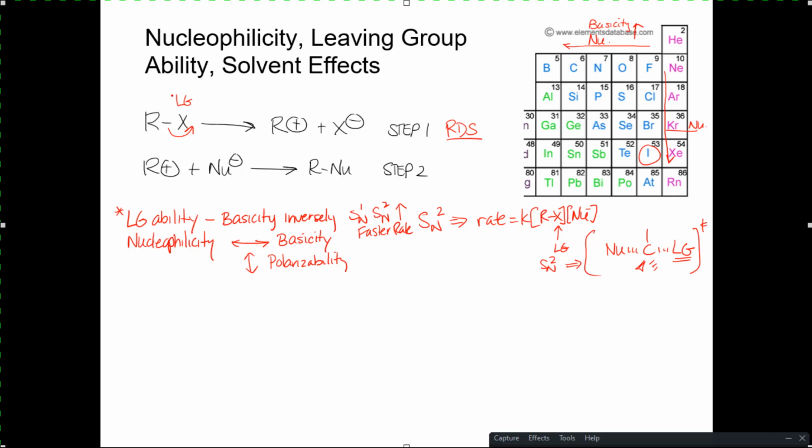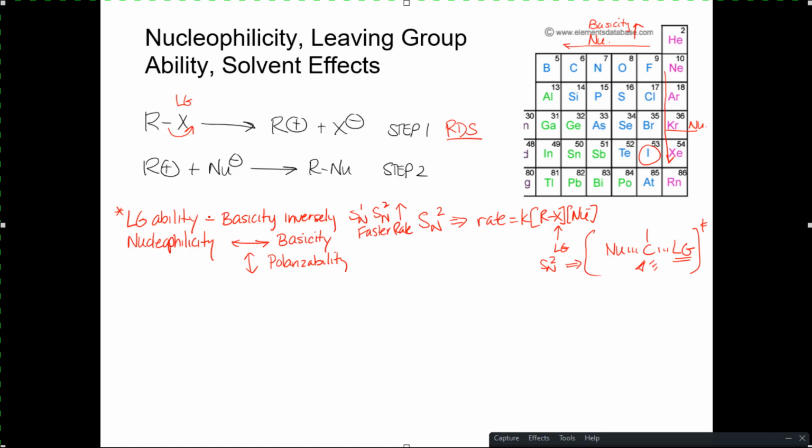Yes. And we'll write the transition state here for this reaction in a minute because we didn't do that in the last lecture. So leaving groupability affects the rate of all reactions, SN1, SN2, and even E1 and E2 that we'll come to in later lectures.